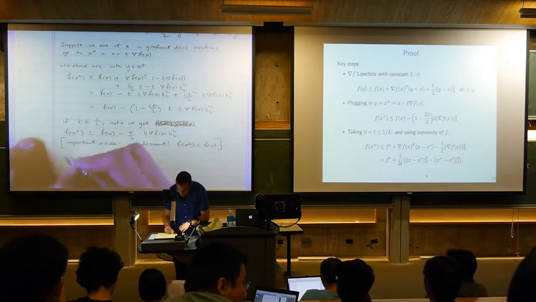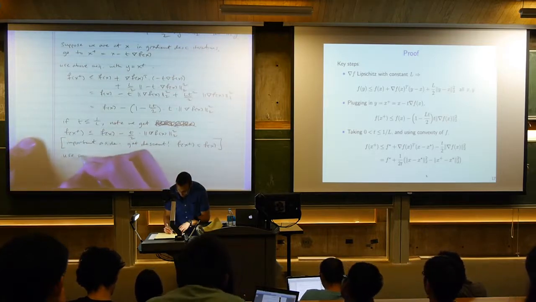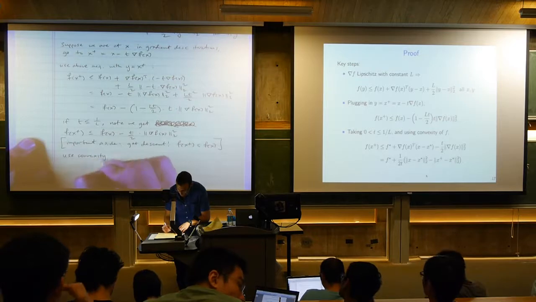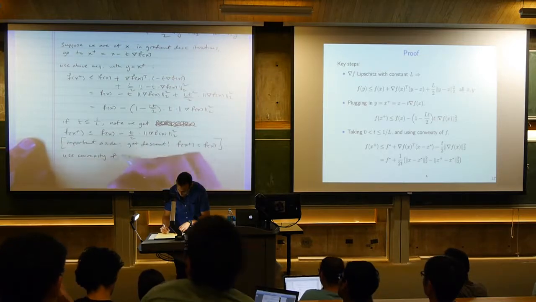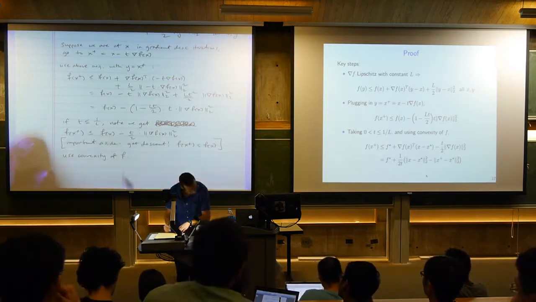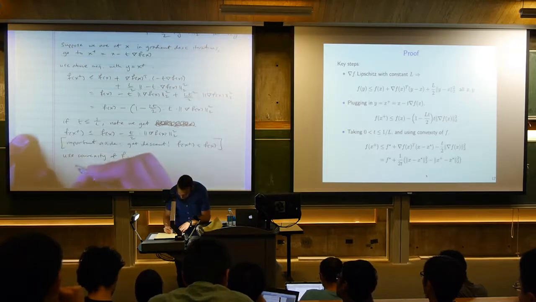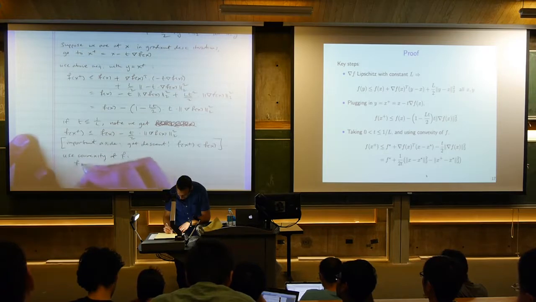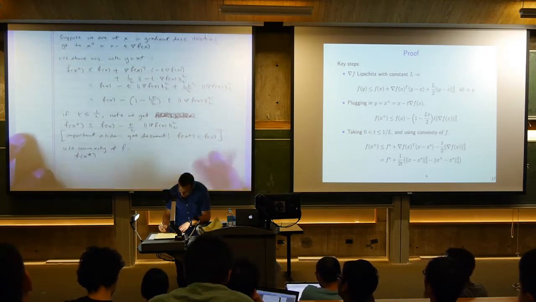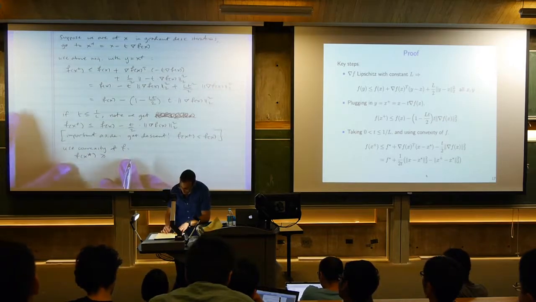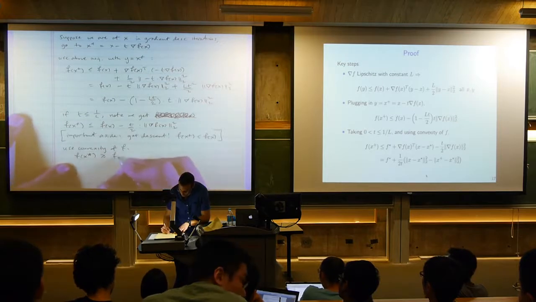So let's use convexity first. Using convexity of f, we can use convexity around the point x. By convexity of f, f must lie above its tangent line everywhere.